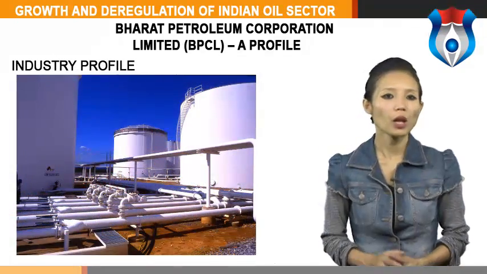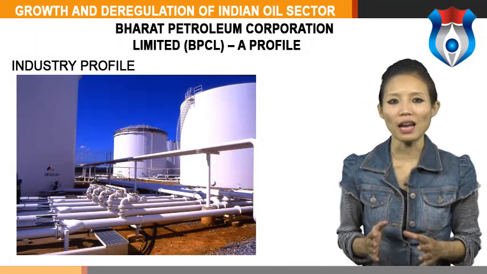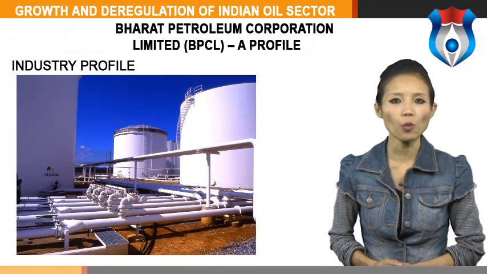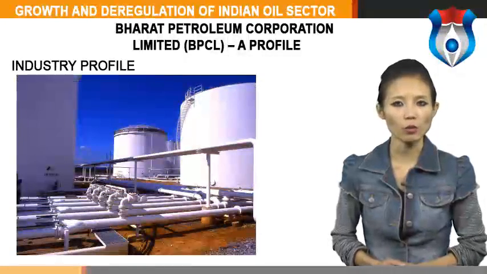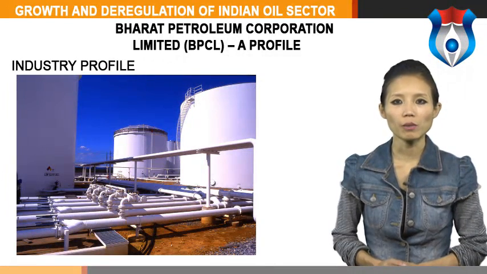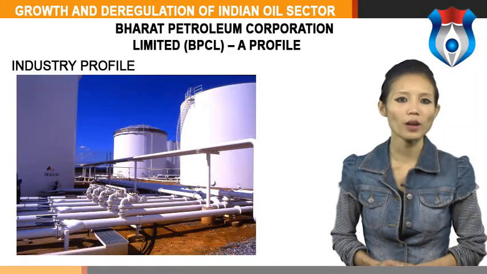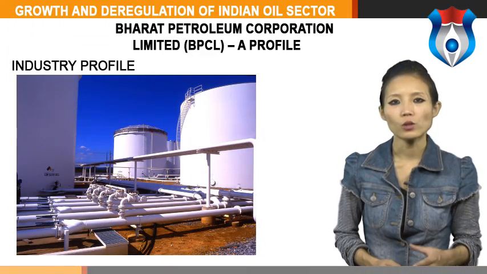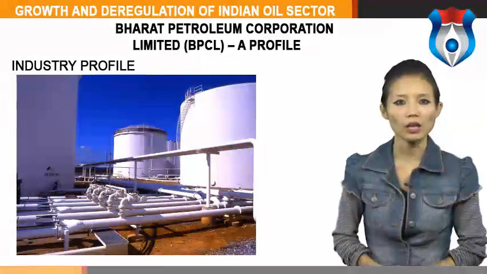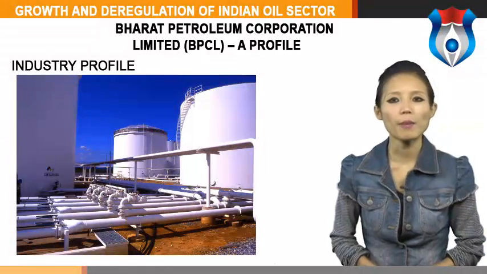Industry profile: petroleum product demand increased at a CAGR of 4.3% from 111.6 million tons in 2004-5 to 138 million tons in 2009-10, whereas total domestic refinery capacity grew at a CAGR of 7.1% to touch 170 MTPA in 2009-10. This increased capacity has led to increased exports of refined products.